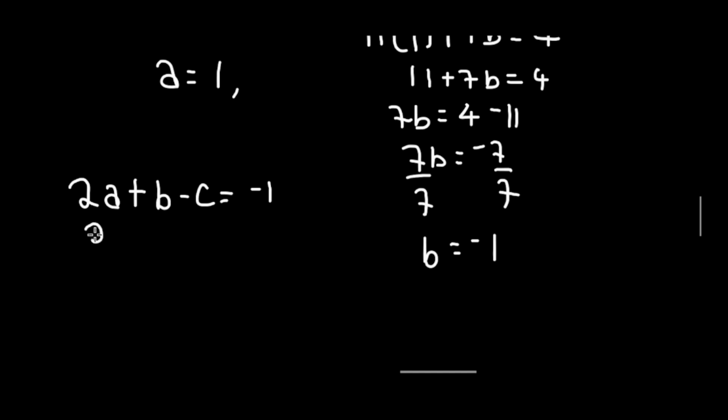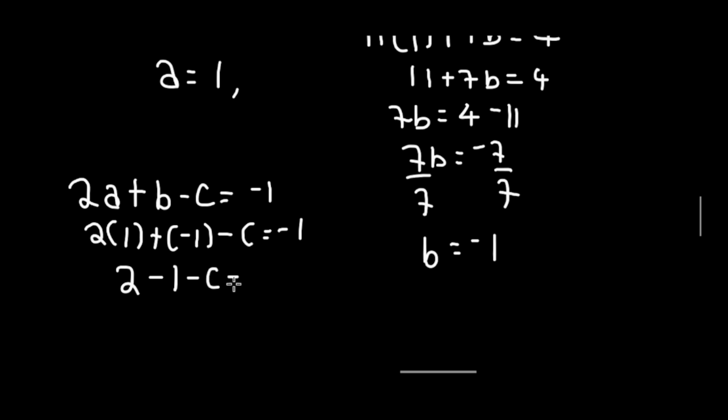So I'm simply going to replace: 2, my a is 1, plus my b is negative 1, and my c is negative c actually. So this will become 2 minus 1 minus c is equal to minus 1.